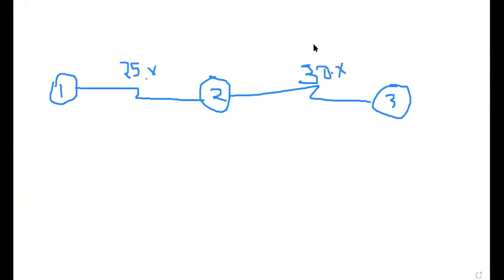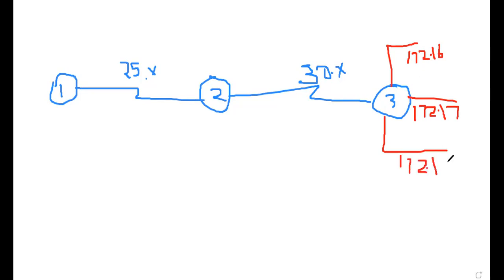And here we can see these 3 loopbacks, 1, 2, and 3: 172.16, 172.17, 172.18. Same thing here, you have 3 networks, 11, 12, 10. Here you have 2 networks, one 20, the other one 111.